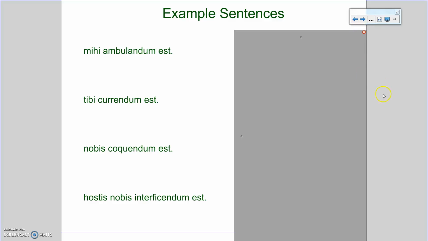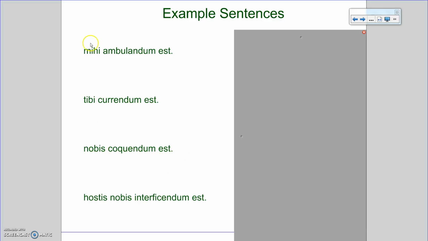Let's look at some example sentences. If you look at these 4 sentences on the left side of the screen, you can see that in each one of them we have the ndum est. Mihi ambulandum est, tibi currendum est, nobis coquendum est, hostis nobis interficiendum est. You can see you have that ndum est in each one of those, so we know that we're working with gerundives.